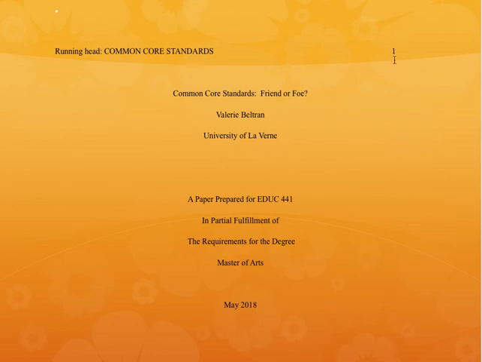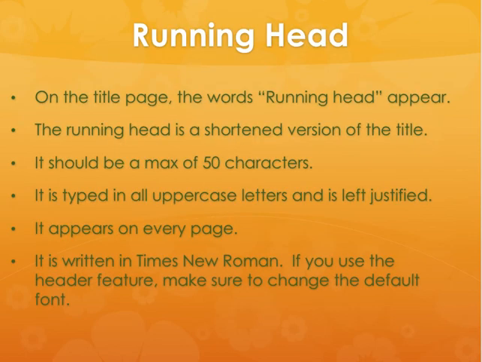And then notice that there's a page number on the title page. It's on the very same line as your running head, right? So sometimes people want to start page 1 on the actual body of their paper, but it starts on the title page. So on your running head, because this is an area that people get confused on, you do write running head.